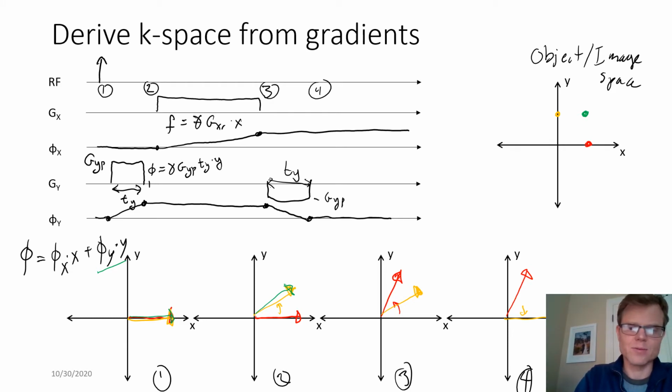Then it's going to be rotated further during the frequency encoding gradient. And then at the end, it's going to rotate right back to this location where the y effects are totally gone. This phi y, or the effective y gradients, are canceled out. And we only have phase that depends on the x position.